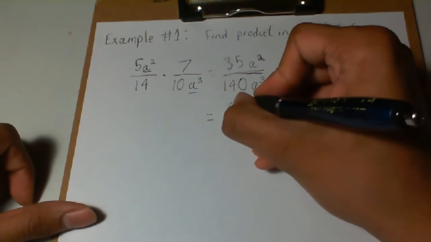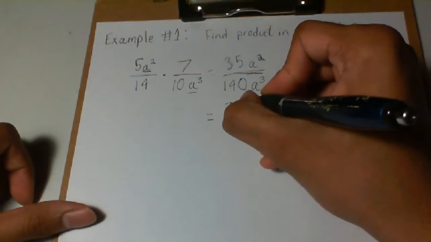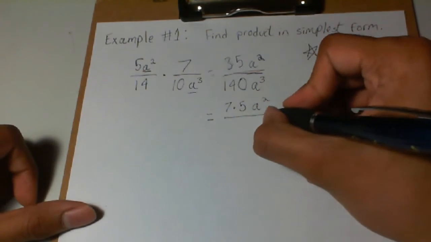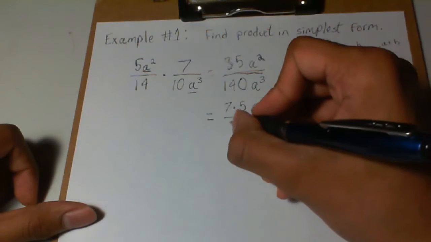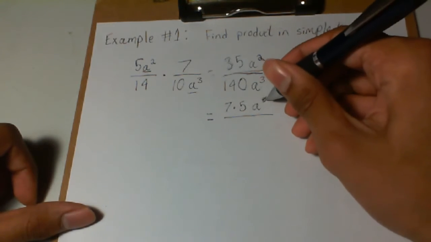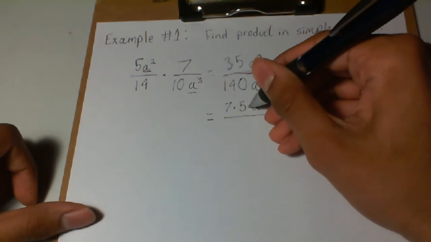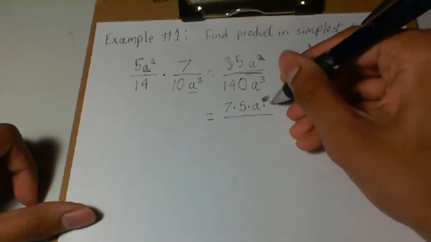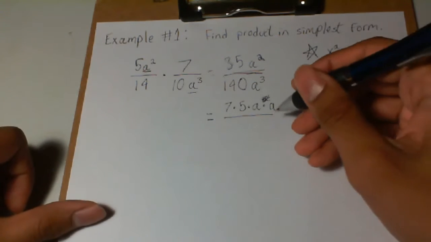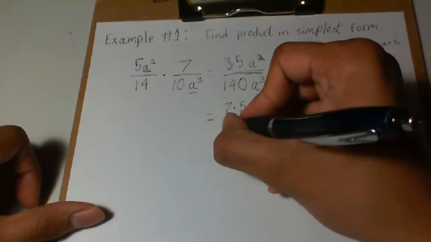So let's list all the prime factors of 35 and 140. And instead of doing a squared, we can actually separate the a squared as well. A times a is the same thing as a squared. So let's do that here as well.